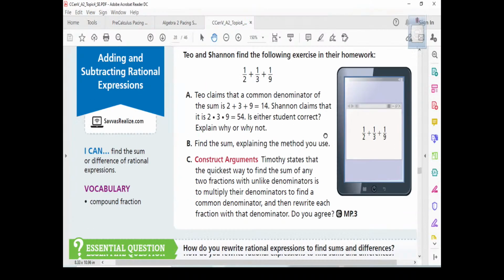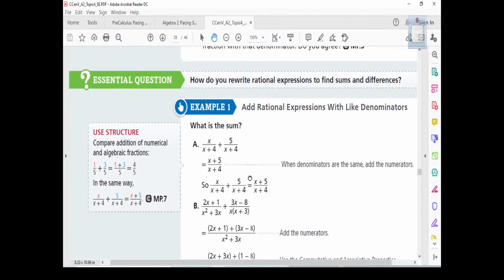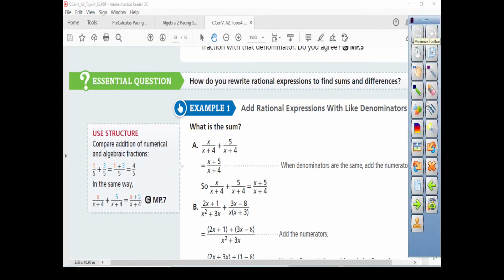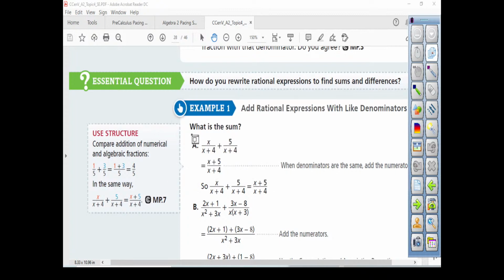First things first, you could have a rational expression with like denominators, meaning they are very nice and show you expressions that look exactly the same, with the same denominator. For example, here's this one.